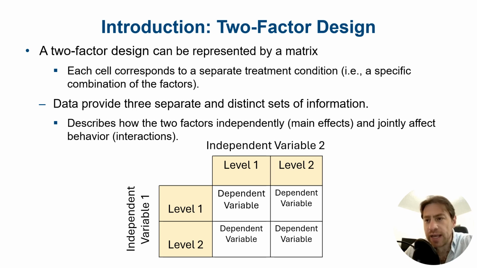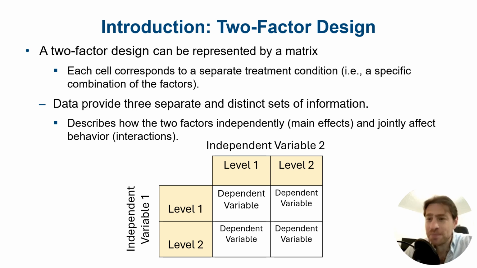So in such a design, there are three sets of information, or put it differently, there are three questions that you can ask. Question 1 is, what is the overall impact or influence of factor 1, of independent variable 1?